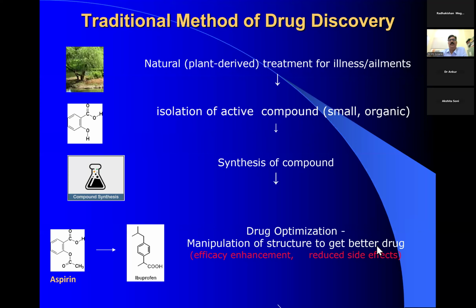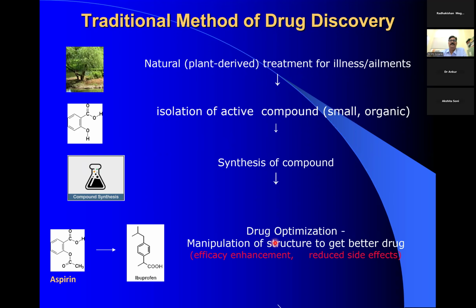Okay, so shifting the focus from the crude plant mixture to a defined small organic compound, which further involves the synthesis of the compound in the lab, which allows the chemist to produce the active ingredient in a consistent and controlled manner in the laboratory, ensuring purity and large-scale supply without relying solely on limited natural resources.